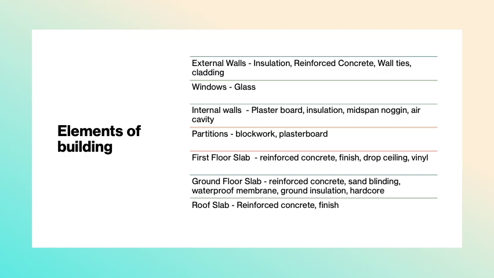Then we have our first floor slab, which consists of reinforced concrete, finishing, drop ceiling, and vinyl. Then we have our ground floor slab, which consists of reinforced concrete, sand binding, waterproof membrane, ground insulation, and hardcore. And then we have our roof slab.